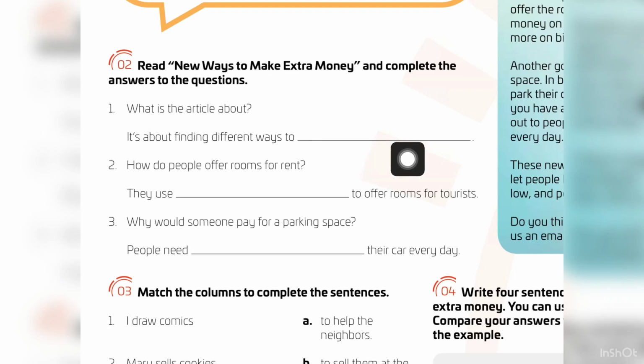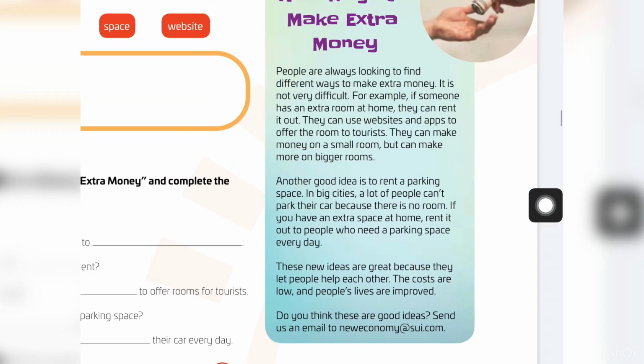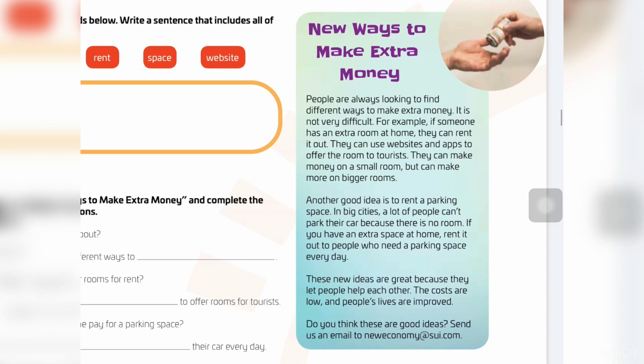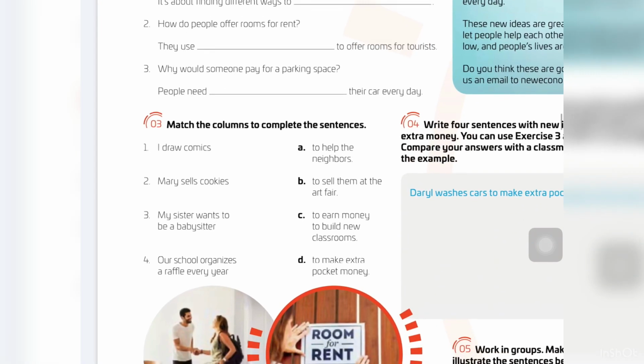The idea is that you complete each one of them by using these texts. New Ways to Make Extra Money. You are going to read it carefully. Be attentive to the tense, to the subject, and to the different words that you will find here.